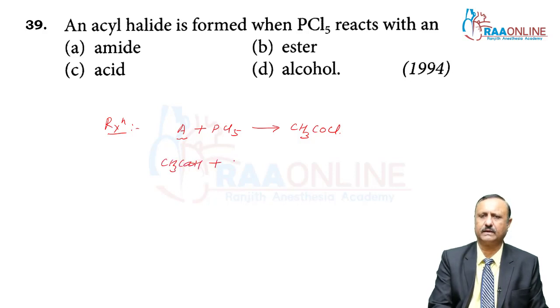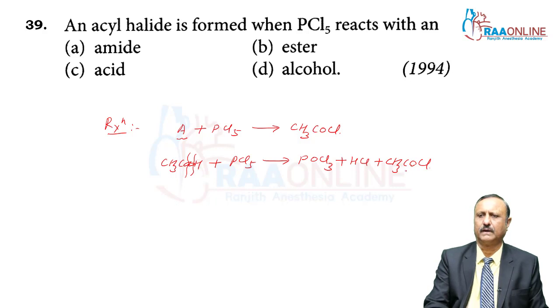Because acetic acid reacts with PCl5 to give POCl3, phosphorus oxychloride, plus HCl plus CH3COCl. In this way, compound A is acetic acid. So for question 39, the option is C. This is the correct answer.